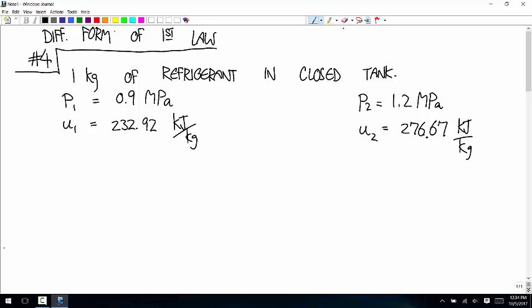There's work done by a paddle wheel at a rate of, so work is done on the refrigerant, so it's negative 0.1, and since it's a rate, that would have to be kilowatts.